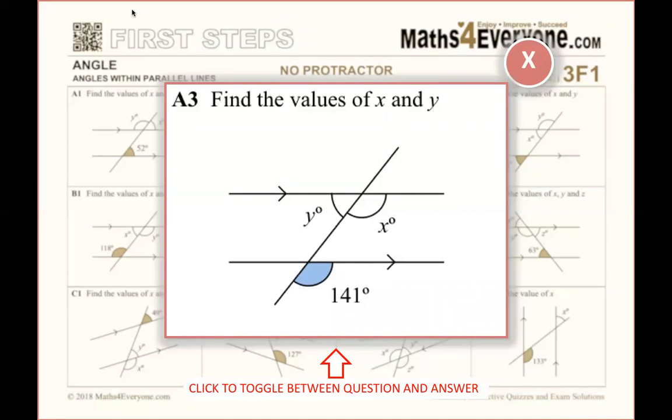X is 141 degrees, Y is 39 degrees. Okay, we'll wait for the rest also.